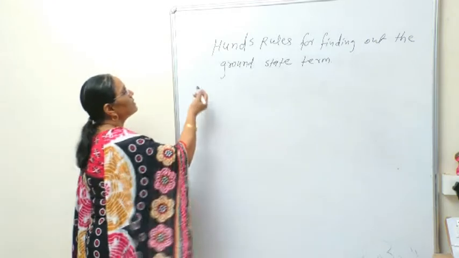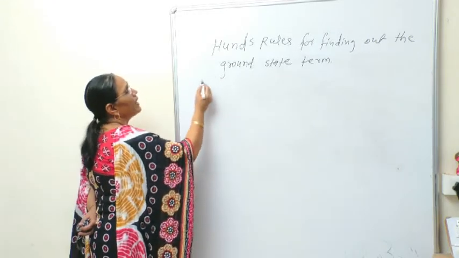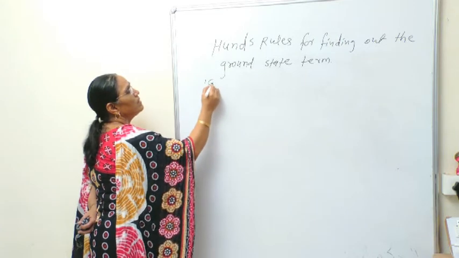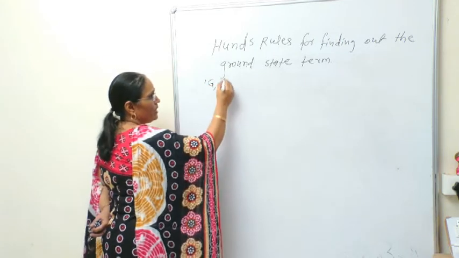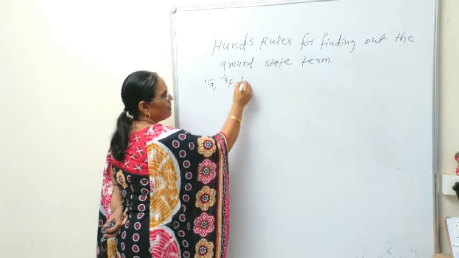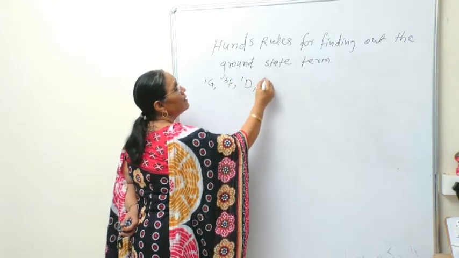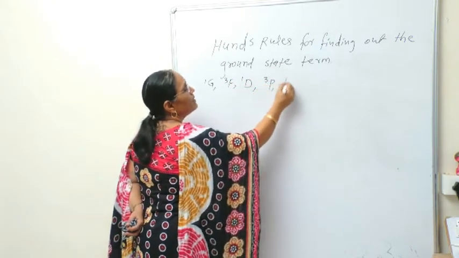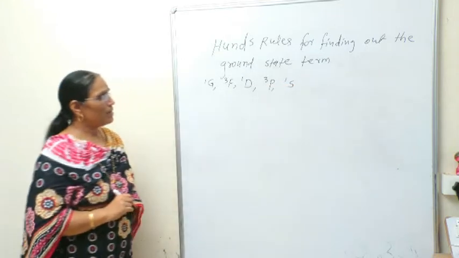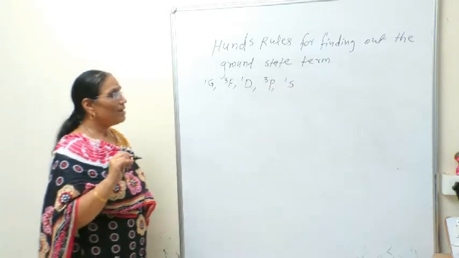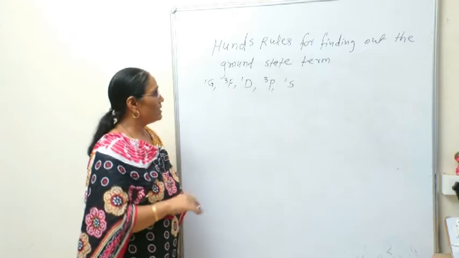Here for this d2 configuration we have different terms: singlet G, triplet F, singlet D, triplet P and singlet S. So out of these 5 terms, which is present at the ground level, that is, which has the lowest energy.